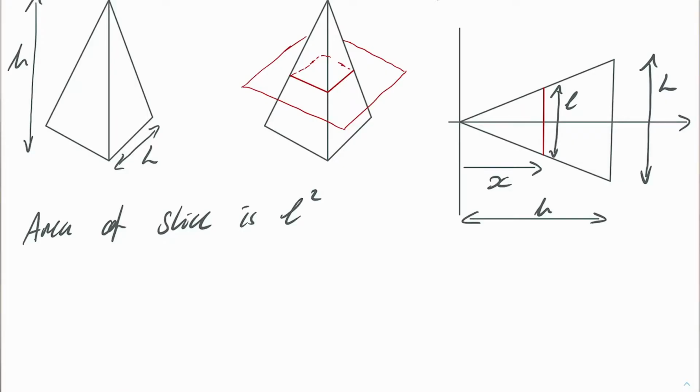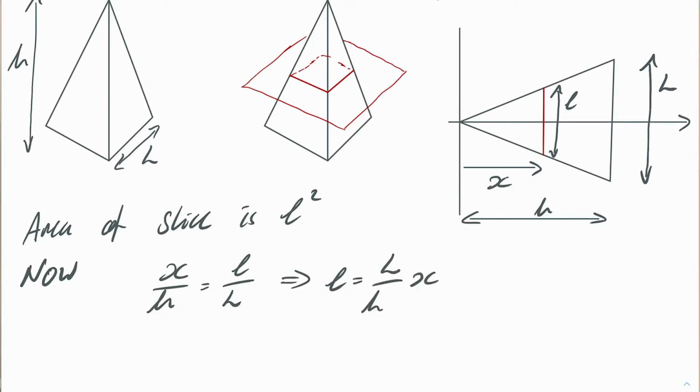Now, using similar triangles, the ratio of x to the height of the overall pyramid is the same as little l over big L. So this tells me that my area function as a function of x is L squared, which is the constant L over h squared, times x squared. And this is a key step.